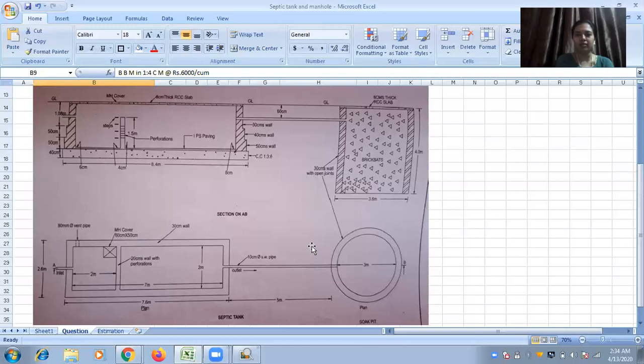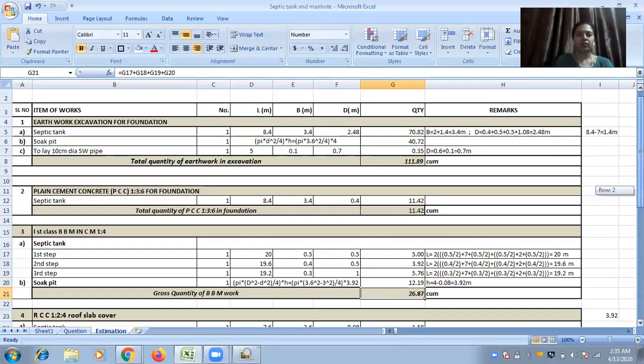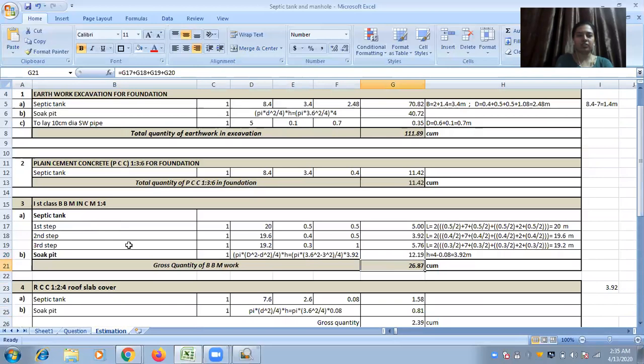So pi into (3.6 square minus 3 square) by 4 into H value 3.92, that is 4 minus the slab thickness 0.08, 3.92 meters. So you will get 12.19. When you add all this, you will get 26.87 cubic meter. So this is about the brickwork calculation.